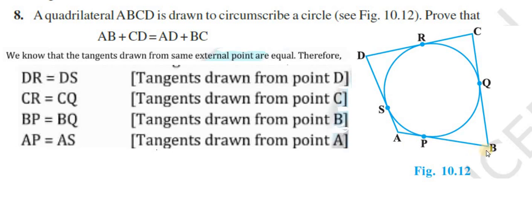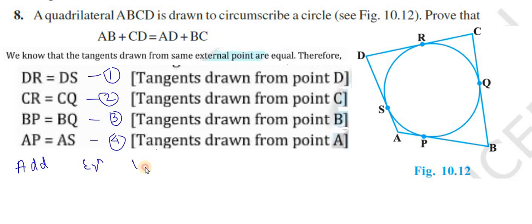Here BP is equal to BQ, and also AP is equal to AS, because they are tangents drawn from an external point A. Call these equation 1, equation 2, equation 3, and equation 4.